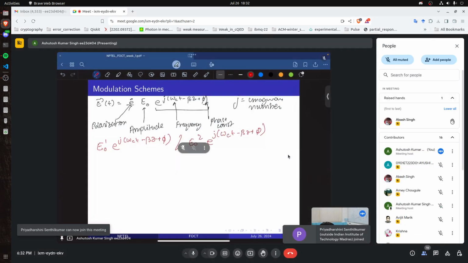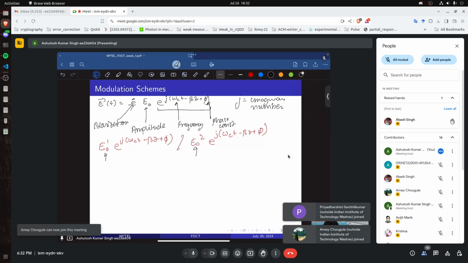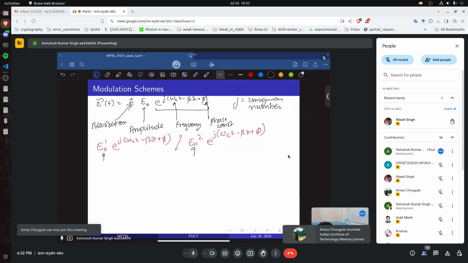What this would mean is that whenever I am changing just the amplitude, that is called amplitude modulation.